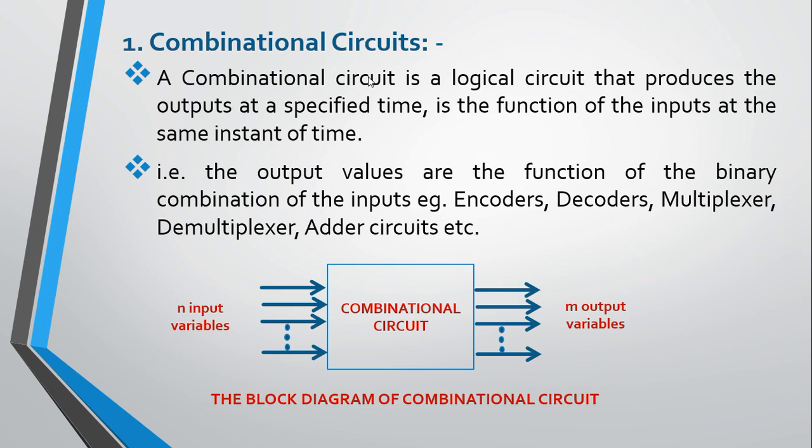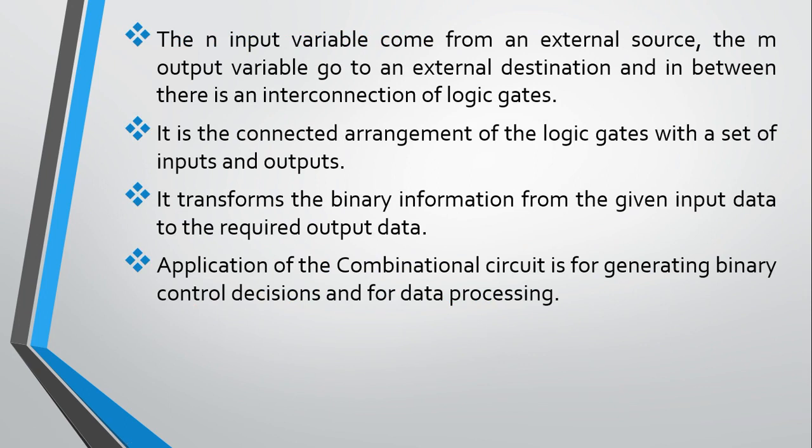Now see, input is referred to as the source and output is referred to as the destination. When you input data, it comes from the source, and when you output the data, it goes to the destination. The n input variables come from an external source, and the m output variables go to an external destination. External means outside, right?